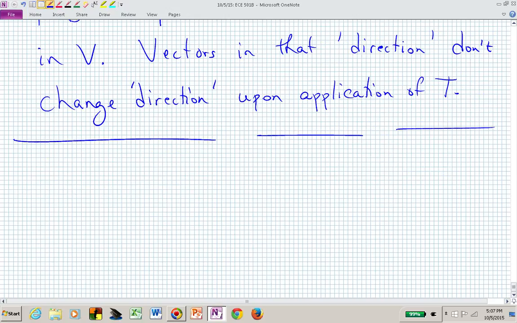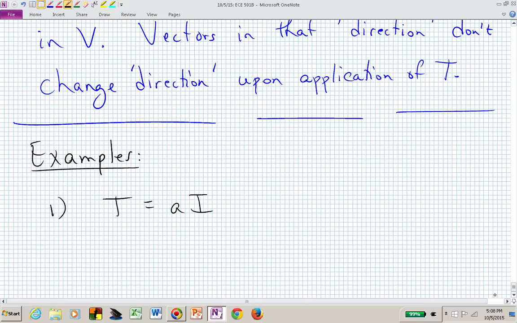Let's look at some examples. Suppose I give you a linear map T that's A times I. What does that do for us? Well, let's look at if we can find eigenvalues and eigenvectors for this map AI.